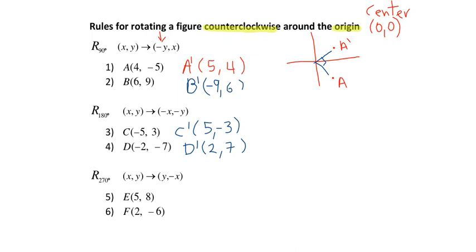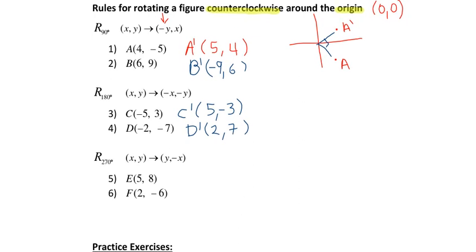The next one is a rotation of 270 degrees counterclockwise, having the center as the origin. And the rule says that every point (x, y) changes to (y, -x).